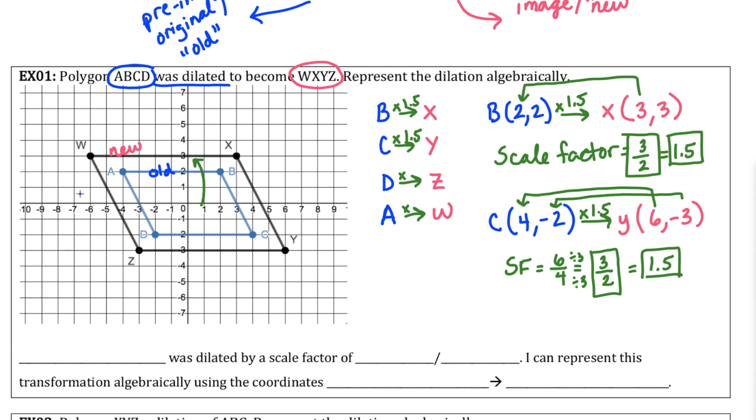So let's fill out the statement. So A, B, C, D was dilated by a scale factor of 3/2, which is also 1.5. I can represent this transformation, remember, transformation is a change, algebraically using the coordinates.